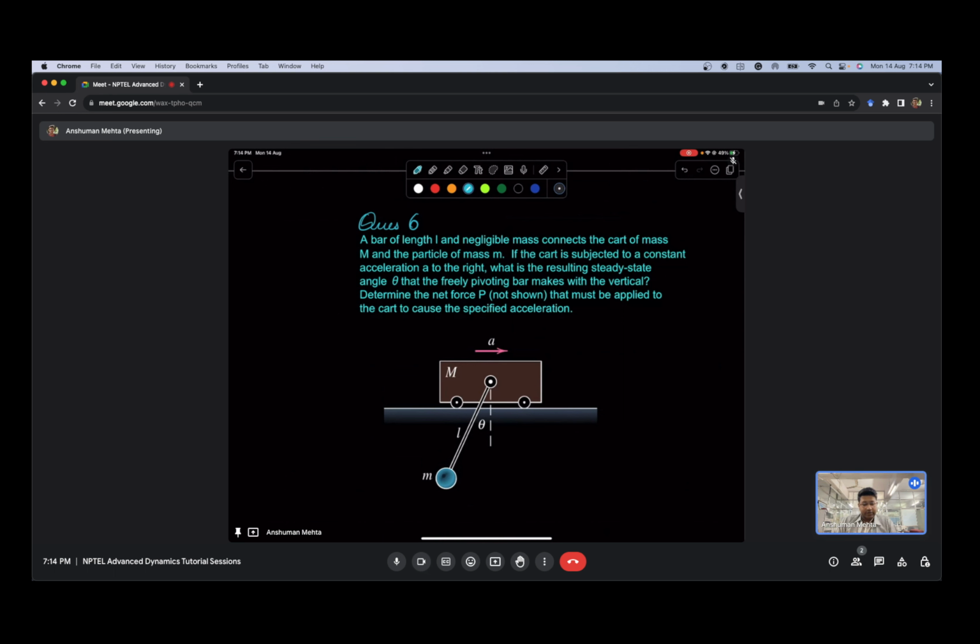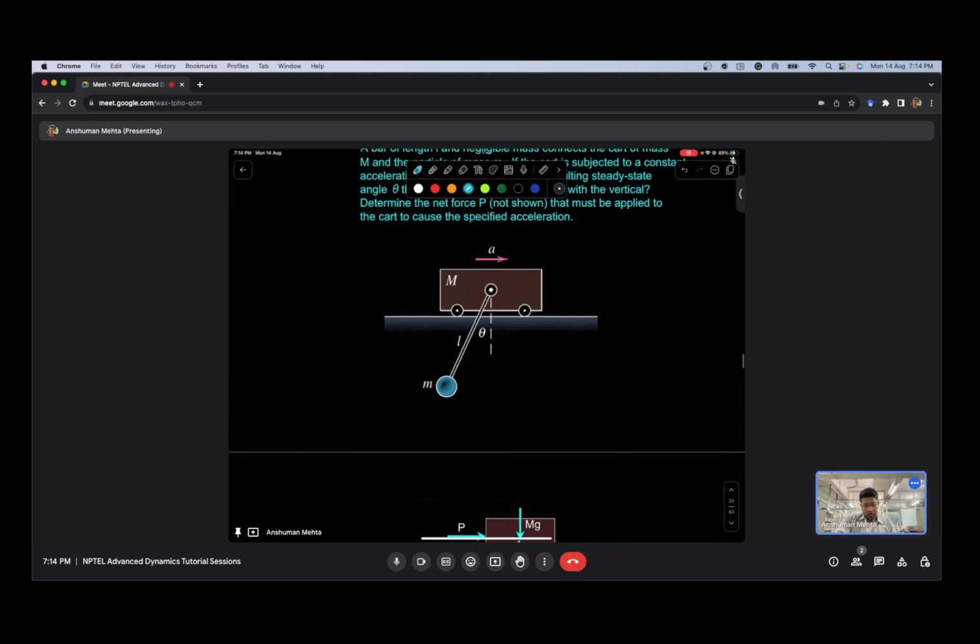If the cart is subjected to a constant acceleration a to the right, what is the resulting steady state angle theta that the freely pivoting bar makes with the vertical? Determine the net force P, which is now shown here, that must be applied to the cart to cause the specified acceleration.